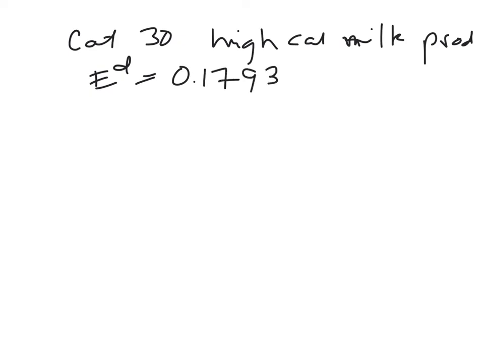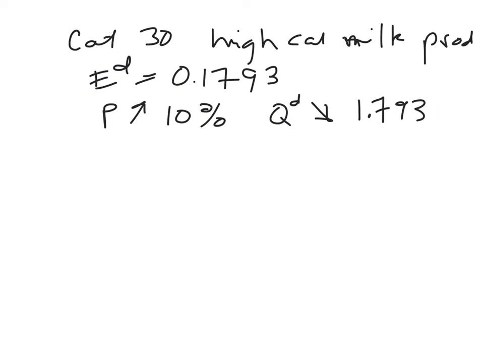And we have that price has gone up by 10%. And so we'd expect quantity to go down by every 1% rise in price leads to a 0.1793% fall in quantity demanded. So a 10% rise in price, we're going to estimate that to lead to a 1.793% fall in the quantity demanded.